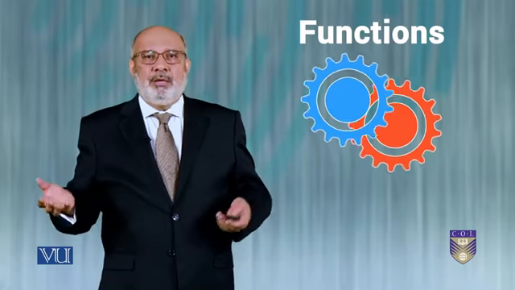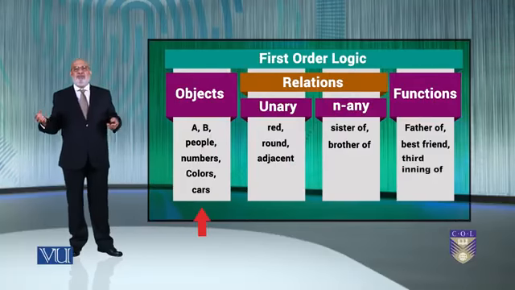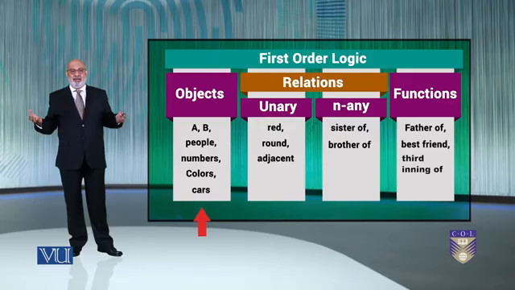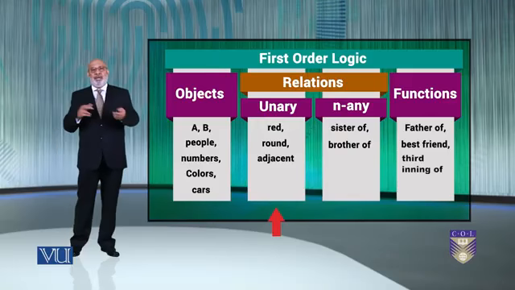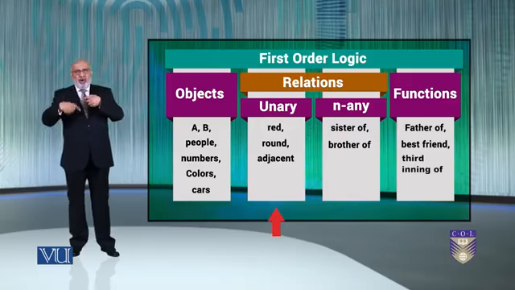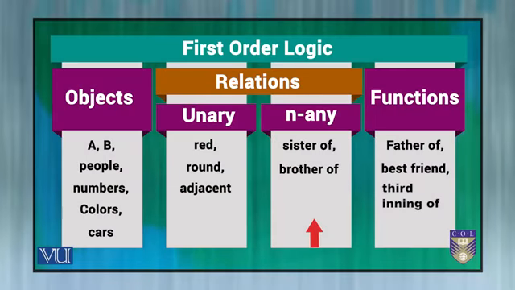So that's where you get the benefit of first order logic. So objects like A, B, people, numbers, colors, cars, and so forth. And relations can be one-on-one, unary, or n-ary relations. Sister of, brother of, okay? A function, for instance, father of, best friend, third innings, and so forth.